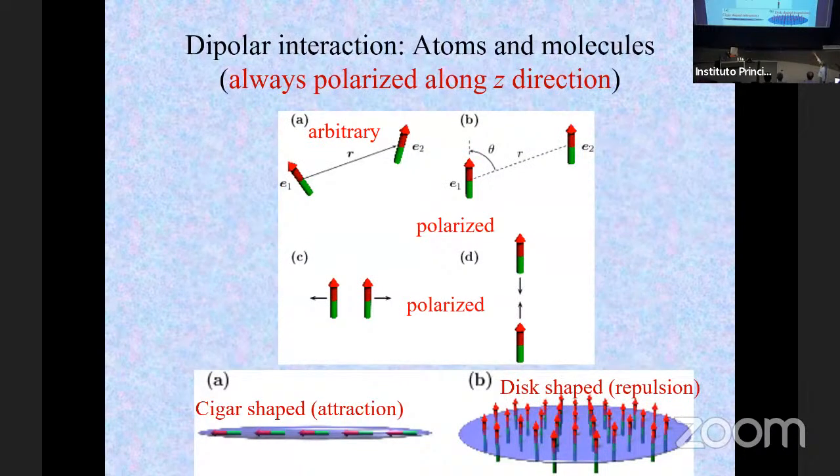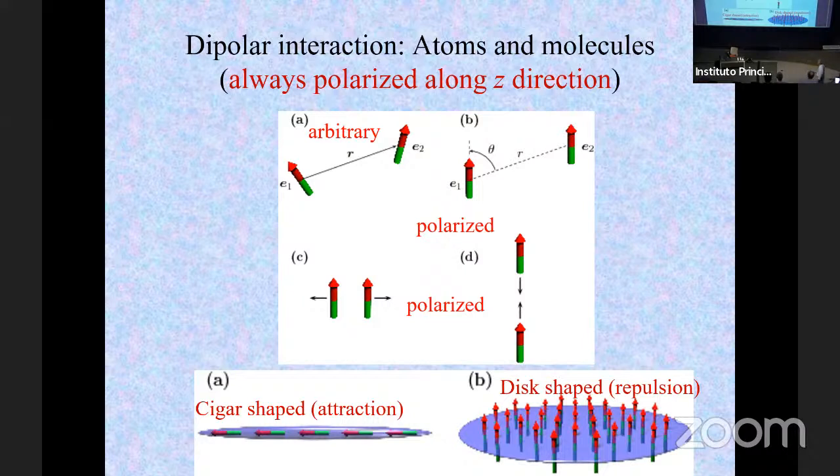So you can have this dipolar interaction, it's an angle-dependent interaction. You can have an arbitrary orientation of the dipoles. It's like tiny magnets. You can have them this way, or this way, or this way. If they are oriented in a line, it will form a cigar shape.